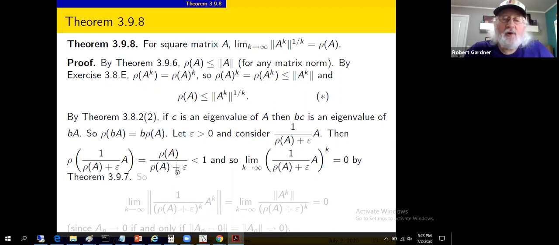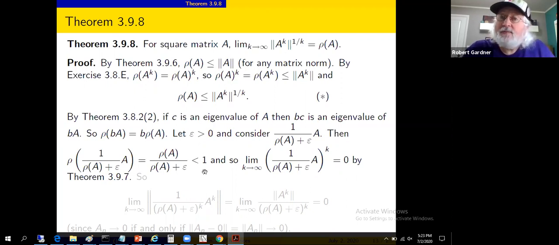We get 1 over rho of A plus epsilon times rho of A on the right-hand side. So simplifying a wee bit, we get that the spectral radius of this matrix equals this quotient. This is strictly less than 1. Epsilon's greater than 0. The denominator is bigger than the numerator, so the quotient's less than 1.